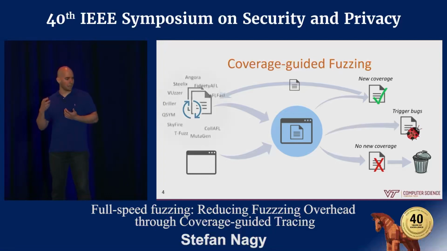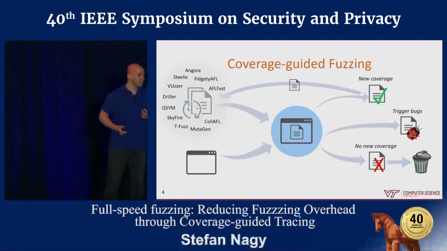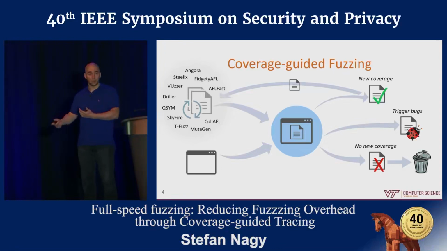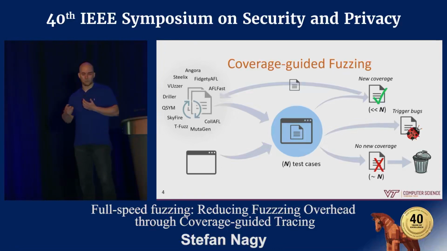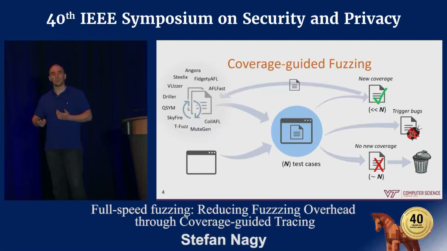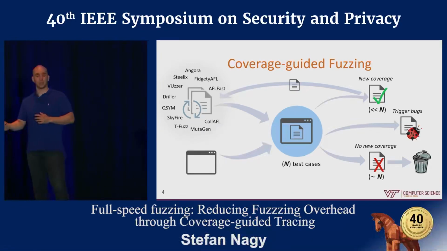Now, to date, a lot of work has gone into improving the test case generation process to mutate test cases better so that they penetrate deeper regions of the code. But our focus is on improving the test case tracing process. And we observed that identifying coverage increasing test cases requires the tracing of code coverage for every single test case, yet only a very small handful of these actually increase code coverage.